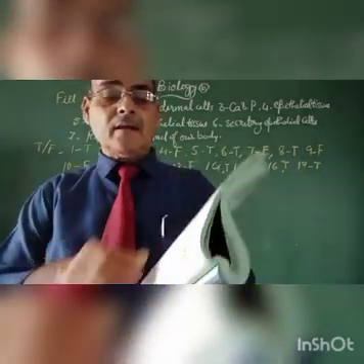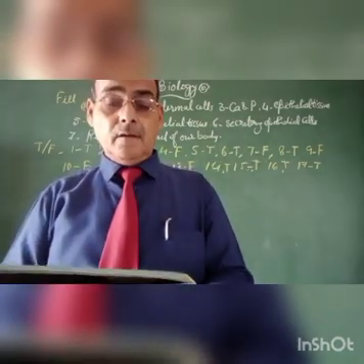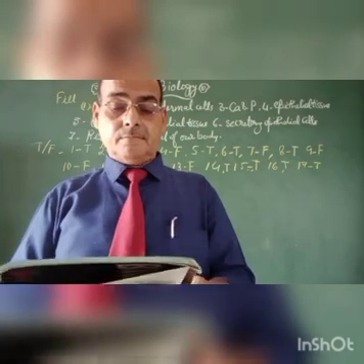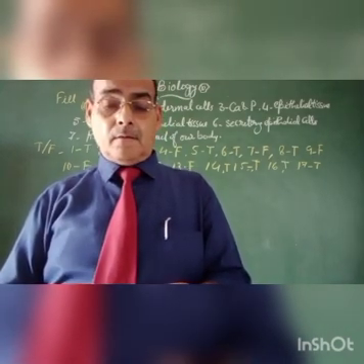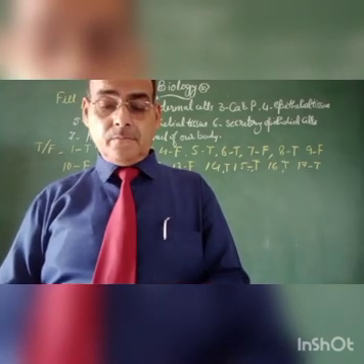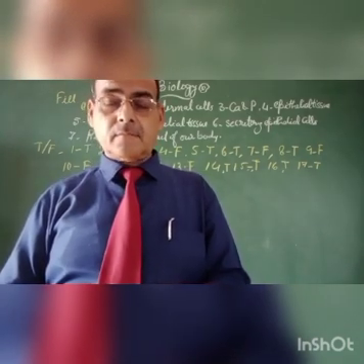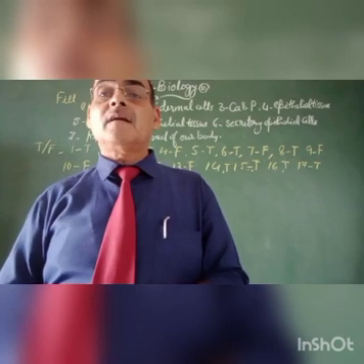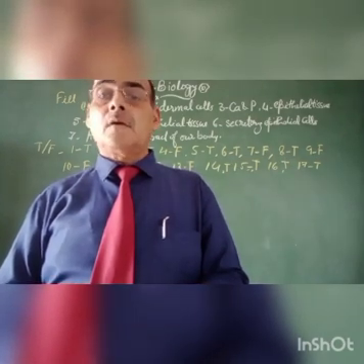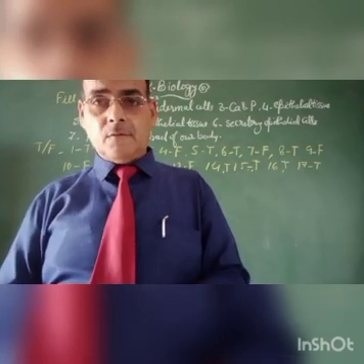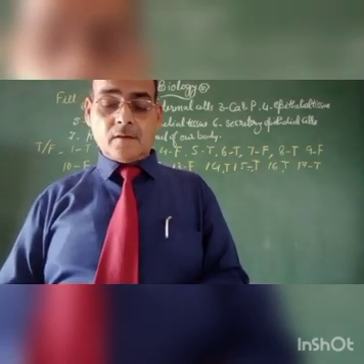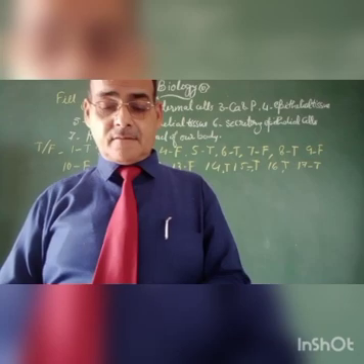And now come to the next, that is the group discussion. You will be divided into groups, then you have to take your topic. Where is the meristematic tissue found in the plant? What are the various types of tissue in plants?